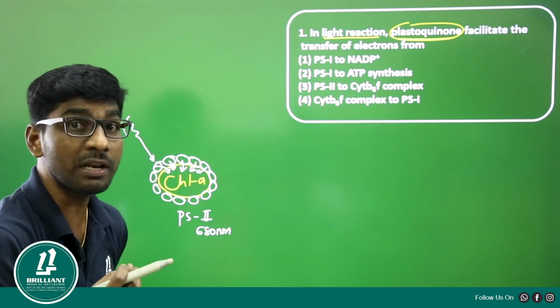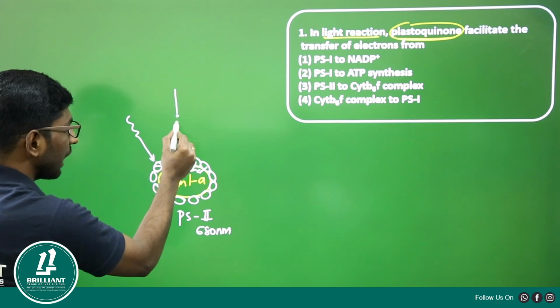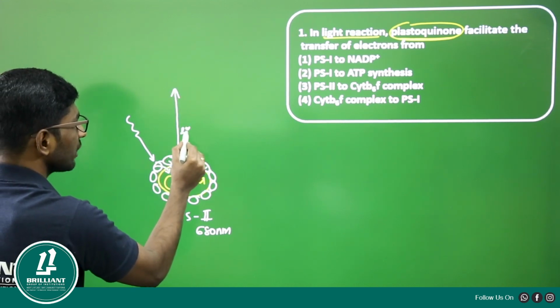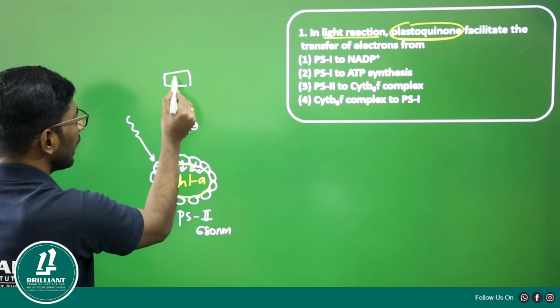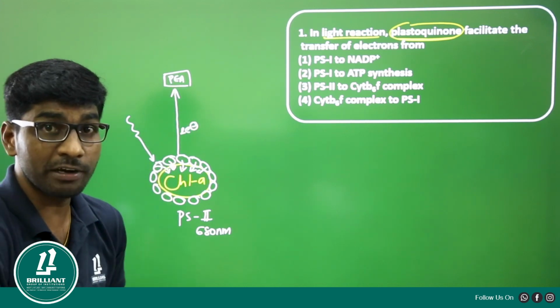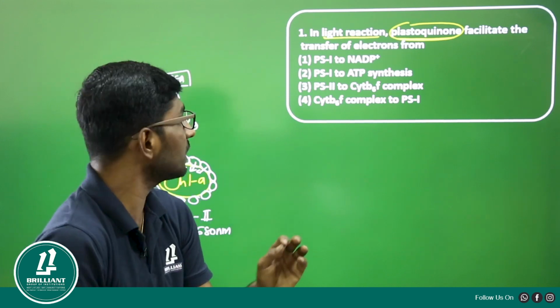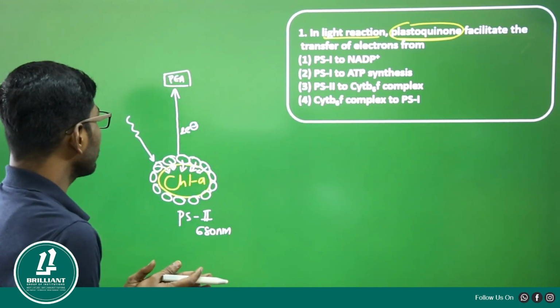Reaction center chlorophyll A. Now from this chlorophyll A, a pair of electrons are excited and received by the primary electron acceptor, PEA. Wait a moment. In light reaction, plastoquinone facilitates transfer of electrons from. So come on, tell me here.